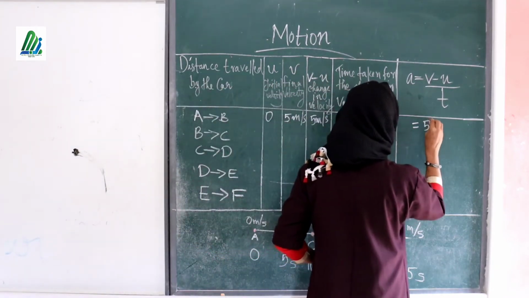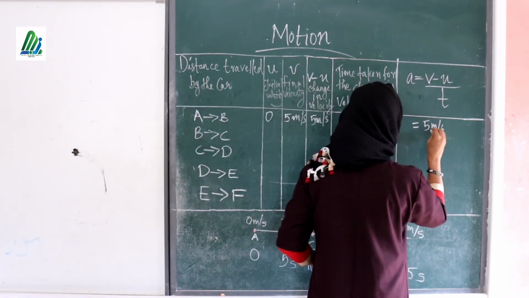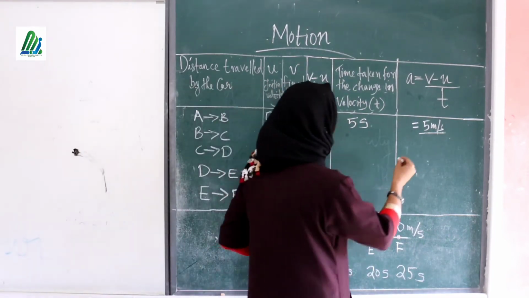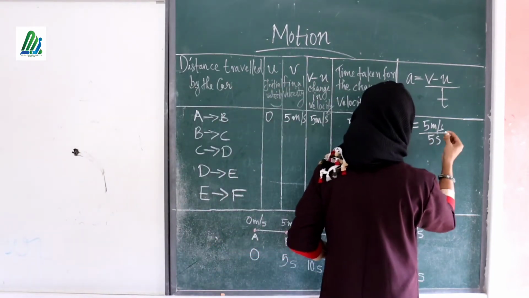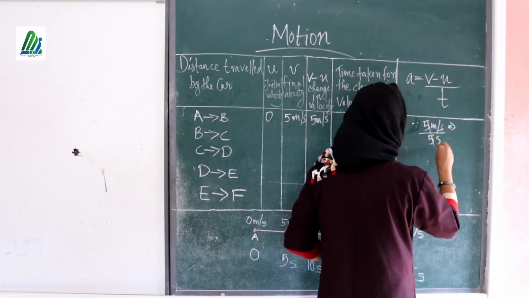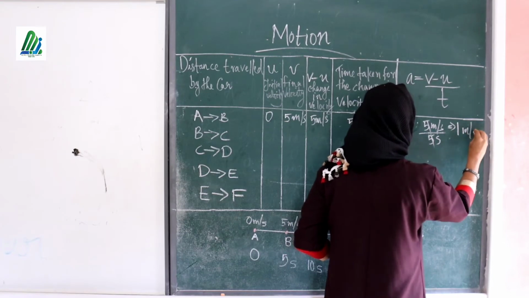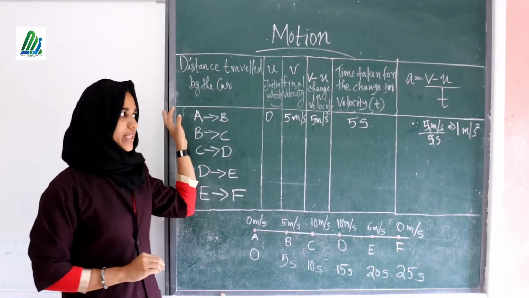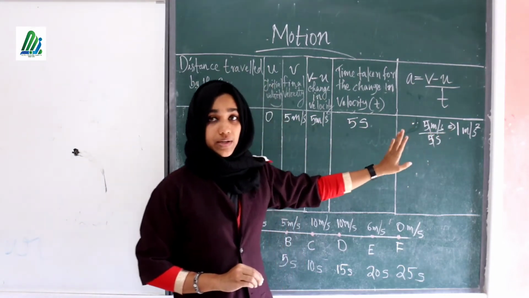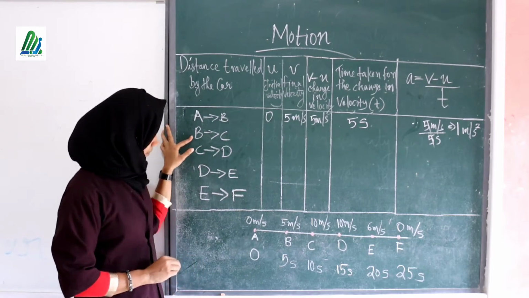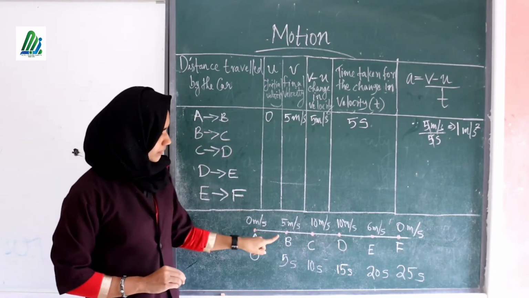That is equal to 1 meter per second square. From A to B the acceleration is 1 meter per second square. Is it clear?